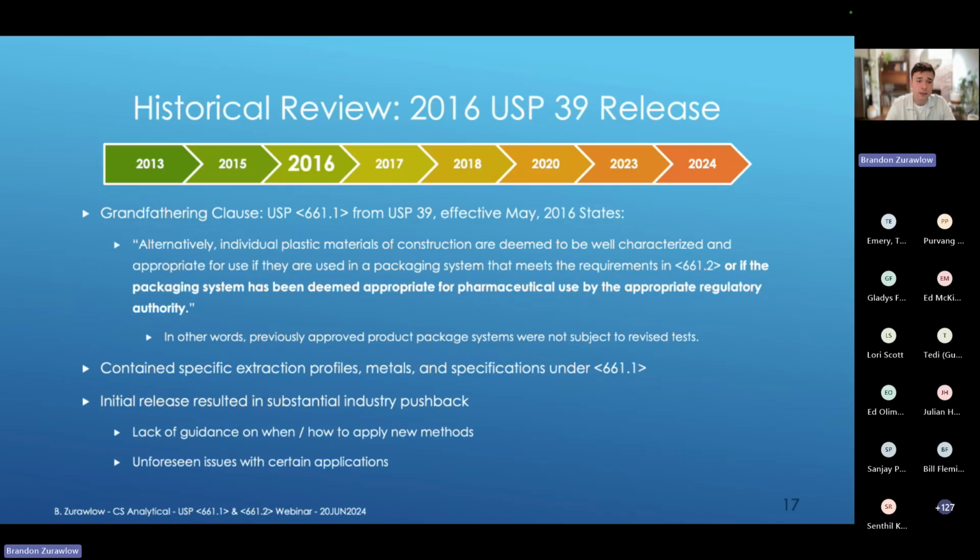And there was not necessarily a lot of guidance on when or how to apply these new methods to the vast array of materials, components, and systems that were present and that were expected to be immediately in compliance moving forward with these released chapters. And so what we ran into in this time frame were, frankly, a lot of unforeseen issues in applying these chapters reliably to these different types of materials and configurations.